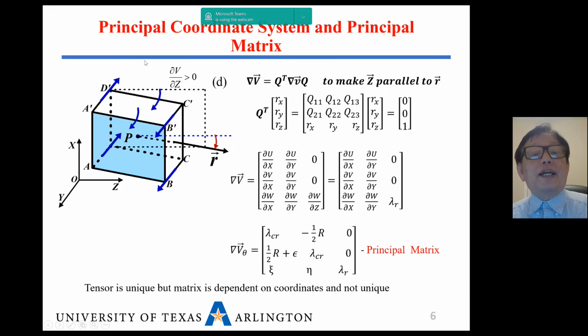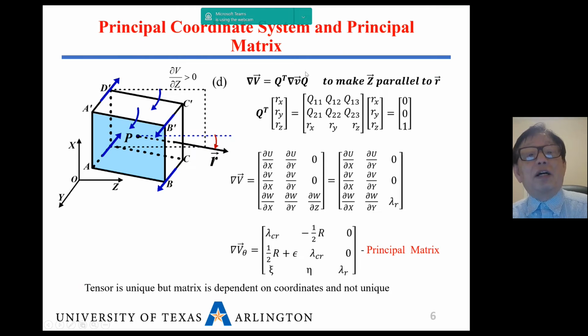Therefore, we want to set up a unique coordinate system, which we call the principal coordinate system, and we can find the principal matrix. Note that the tensor is unique, the matrix is not.